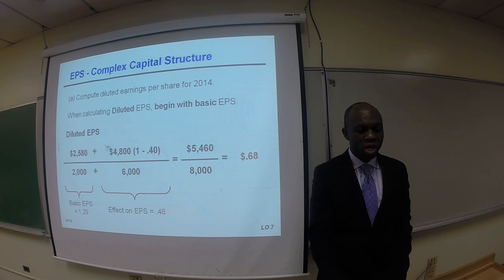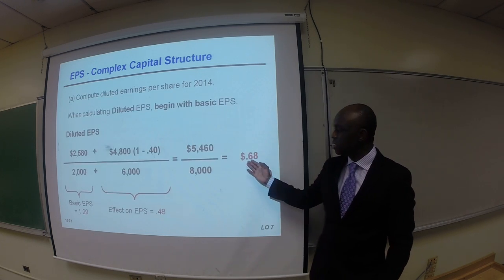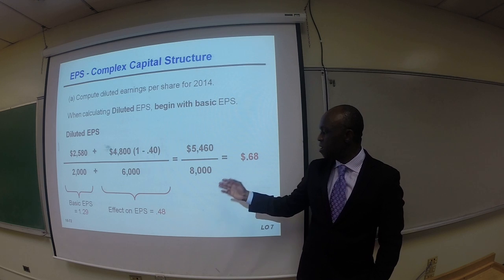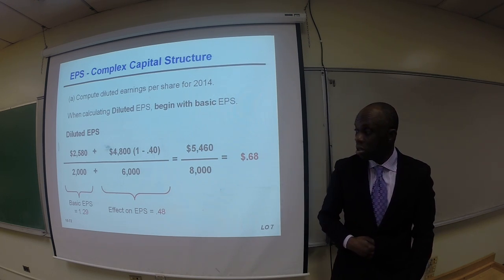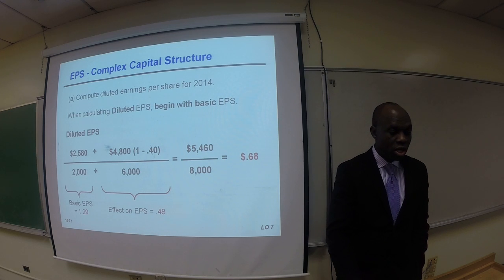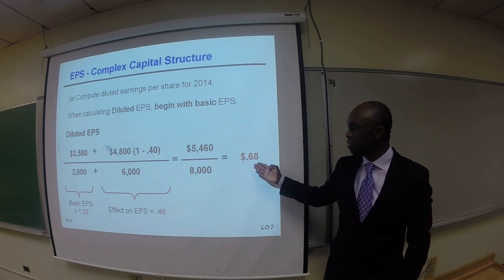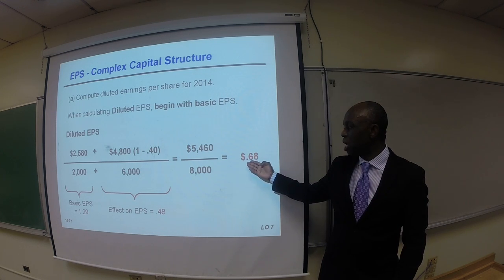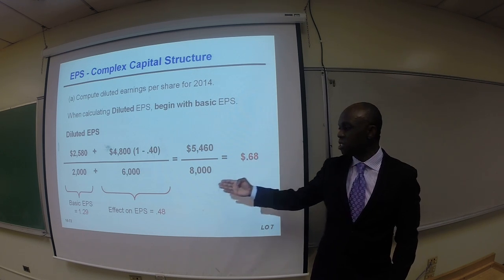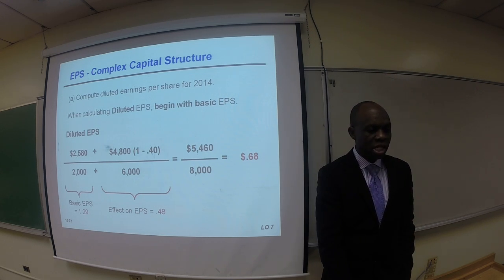So if you do the math, we have 0.68. So bottom line, the diluted EPS is now 68 cents versus basic EPS of $1.29. So the potential investor now realizes that if the bonds are converted, we are looking at EPS of 68 cents and not $1.29. So the EPS has been diluted.